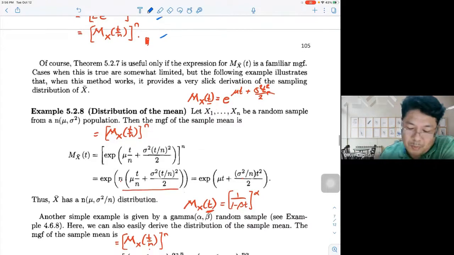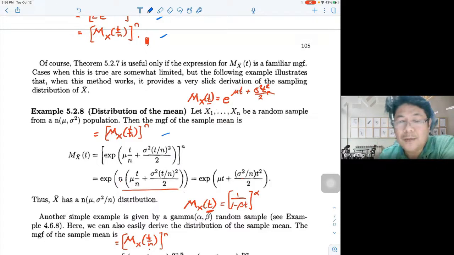So the MGF of the sample mean, using our result above, Theorem 5.2.7, will just be equal to the nth power of the moment generating function of x evaluated at t over n.